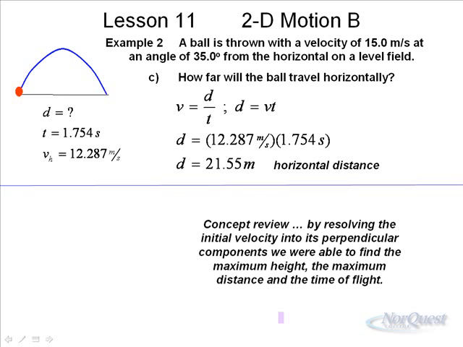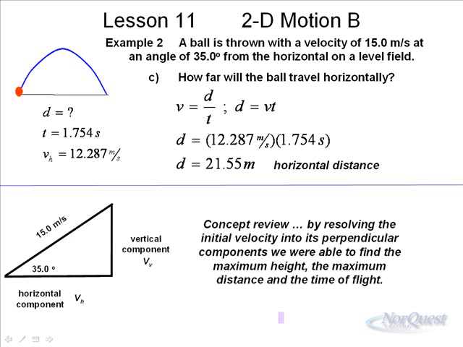And just to review this just a little bit, by resolving the initial velocity into its perpendicular components, we were able to find the maximum height, the maximum distance, and the time of flight.